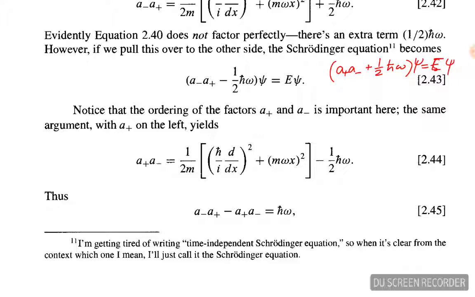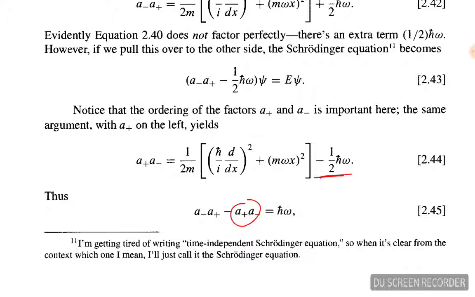So, kind of a spoiler, as he noted here, the ordering of the factors A plus and A minus is important because it gives you a difference of these signs. If we look at the commutation relationship between them, if I just did A minus times A plus like he did, you get that plus sign minus the one that I did where you get that minus sign.